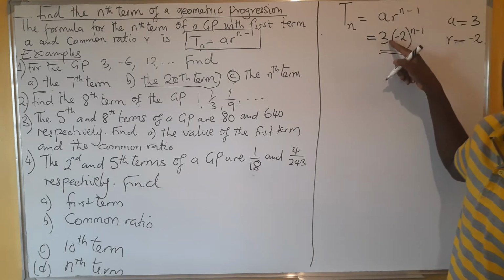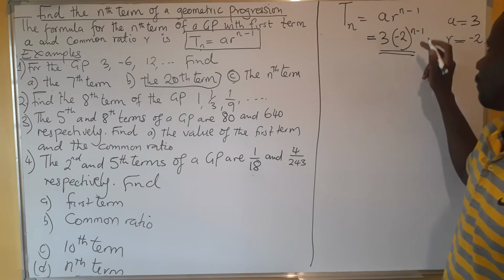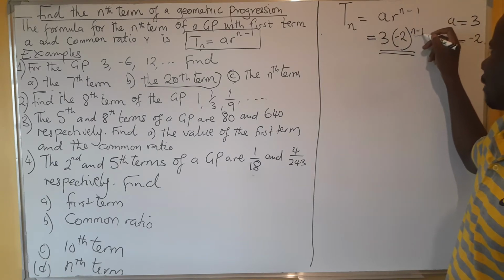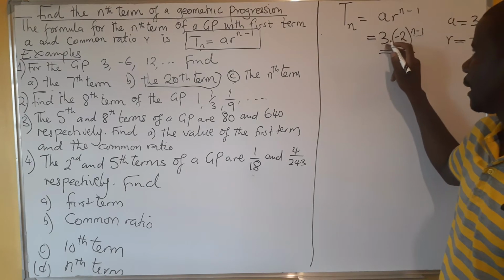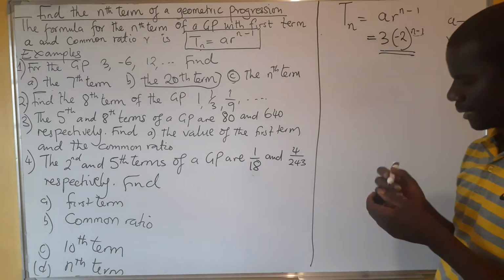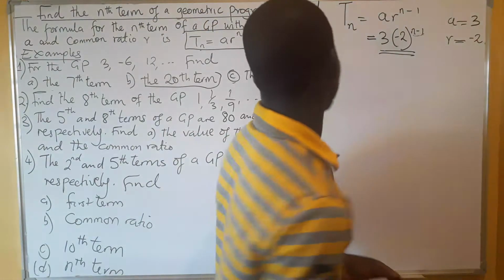Remember that in between 3 and the -2, there is multiplication, because the power or index is only on the -2. If you multiply these two, that would be wrong. So you have to leave it like that. That is what we are supposed to do.